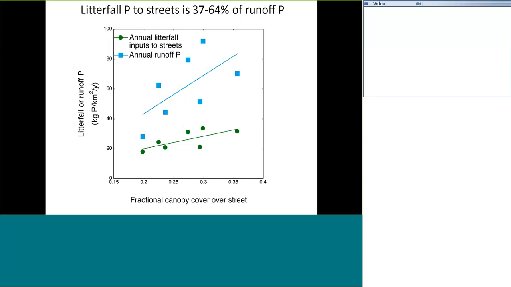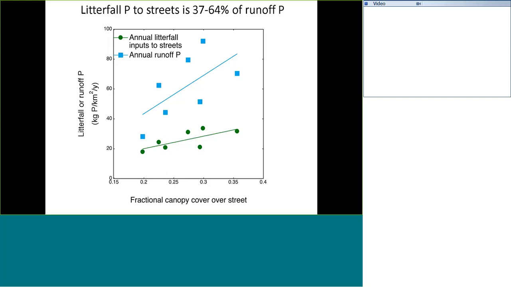This figure shows fractional canopy cover over the street, the proportion of the street that's covered by tree canopy. Each of the symbols represents one of these subwatersheds. I've plotted either the annual litter fall inputs to the streets as estimated from the relationships that we determined in Prior Lake in green, or annual runoff phosphorus as measured in these different watersheds in blue. The variability around the line is related to street density, the other factor that's important here.